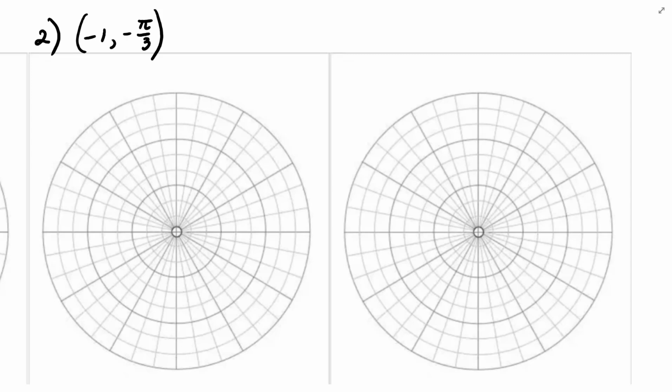So negative pi over 3 is this way, and 1 would be this way, so negative 1 would be the opposite.